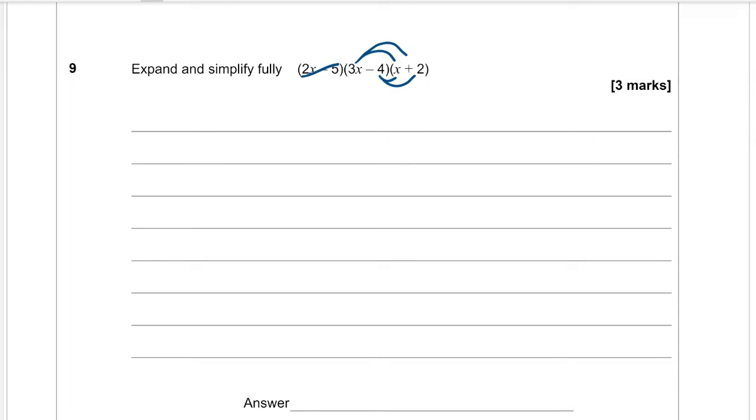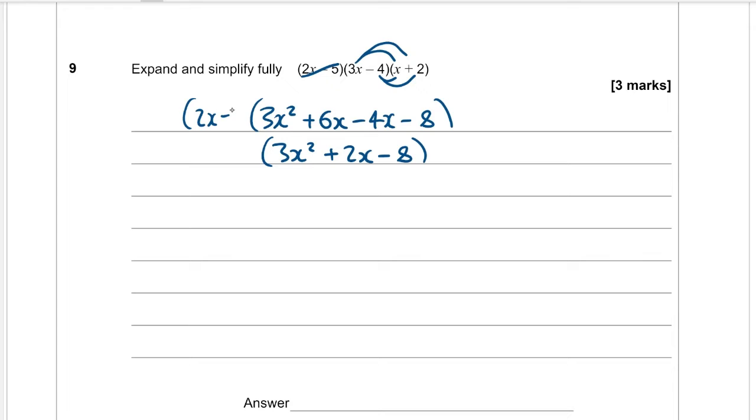And that's going to give me 3x squared, 6x minus 4x minus 8. And then I will simplify that down by adding the two x terms to make 2x. And then I'll reintroduce my 2x minus 5, like such.